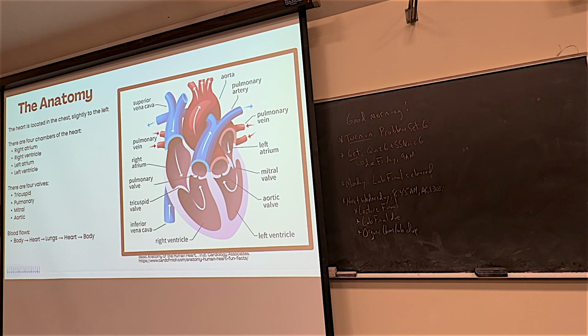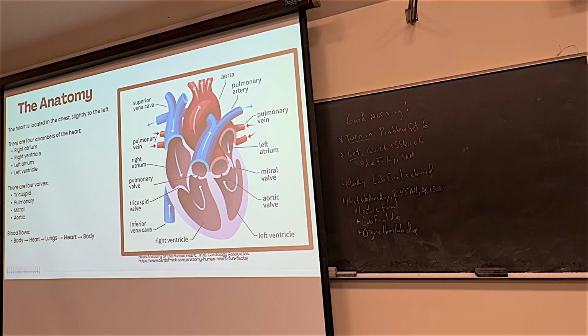So the blood is received by the right atrium, by the superior and inferior vena cava. And then it is transferred from the right atrium to the right ventricle, which then pushes it into the lungs, where gas exchange happens. So the CO2 is taken out and oxygen is added into the blood, and then it's sent to the left side of the heart, where it's pumped to the rest of the body.